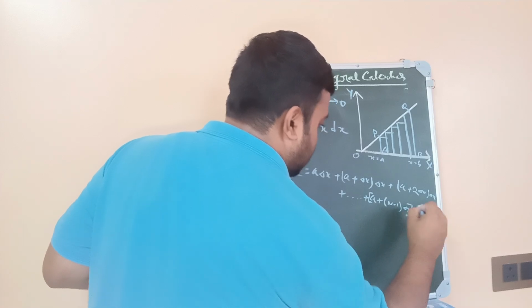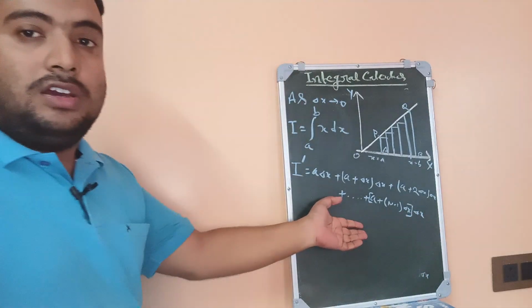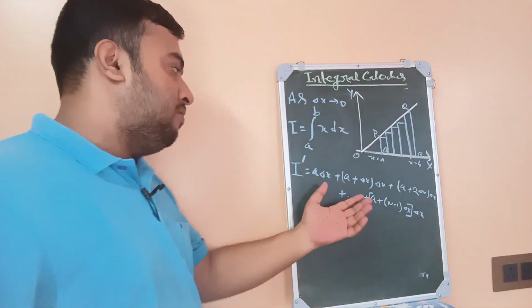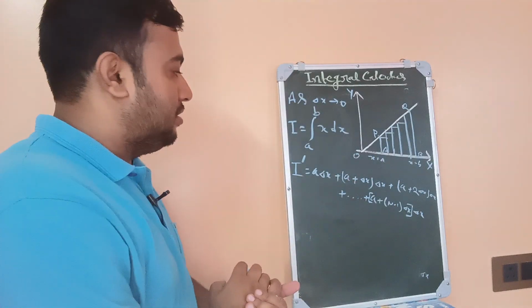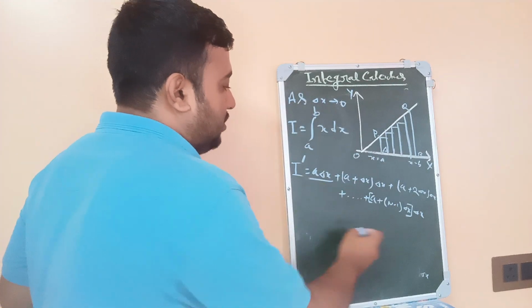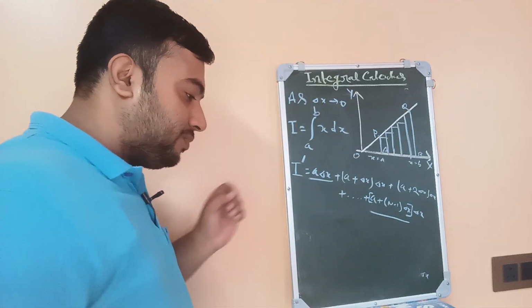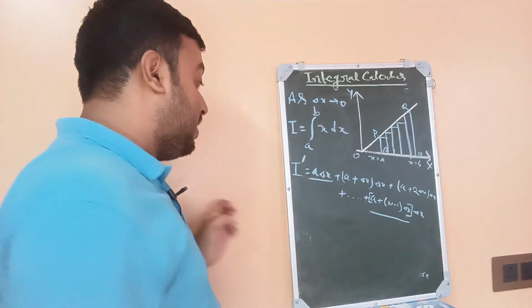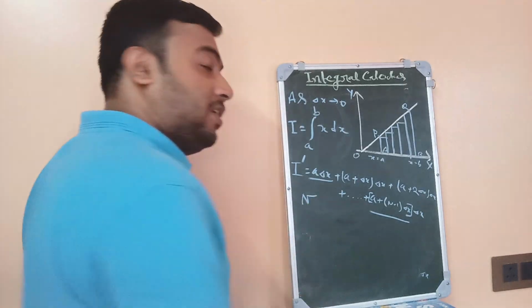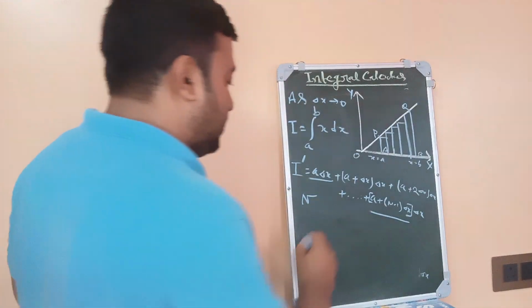So this was the area. You can see that this is an arithmetic progression series, AP series, whose first term is this and last term is this. Okay, and there are capital N number of terms.